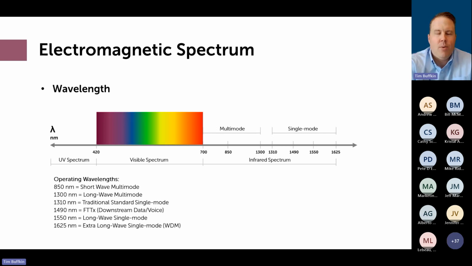And 1310 is where a lot of your standard fiber networks are going to operate. 1550 is a long wave single mode. That's also going to be one of your more common types. But obviously you can continue going up to 1625 nanometers, and that's when you'll typically start getting into more of the WDM or DWDM. I'll touch on what that is later on the slide when we talk about some of the newer fiber types that are out there.